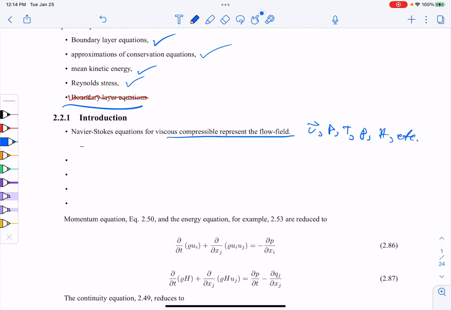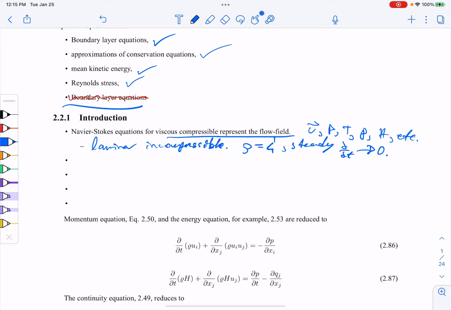For, say, incompressible laminar flows, the problem is way simpler, right? Because we won't have any of these density fluctuations. So that would mean if it's laminar and incompressible, it makes life a lot easier. Of course, rho can be a constant, and if it's steady, we get rid of our time derivatives, which is good too.